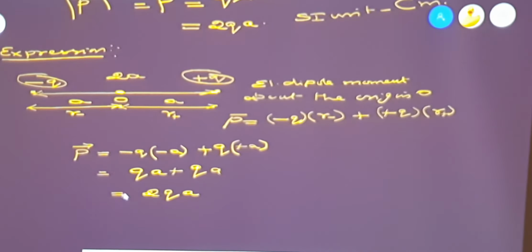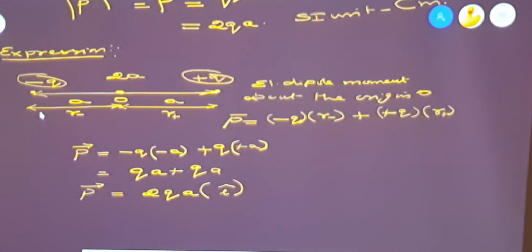So P vector is equal to 2QA. This gives you the magnitude. What about the direction? It is acting along the x-axis, so I write it as i cap. Both are positive, so it acts along the positive x-axis, plus i cap.